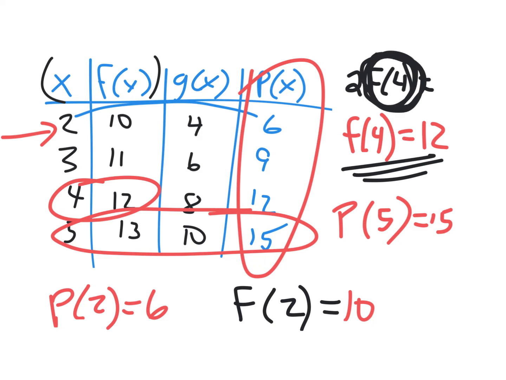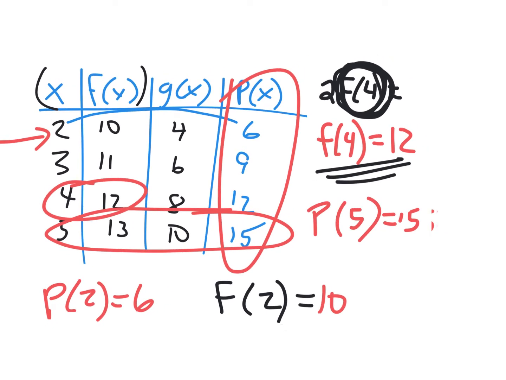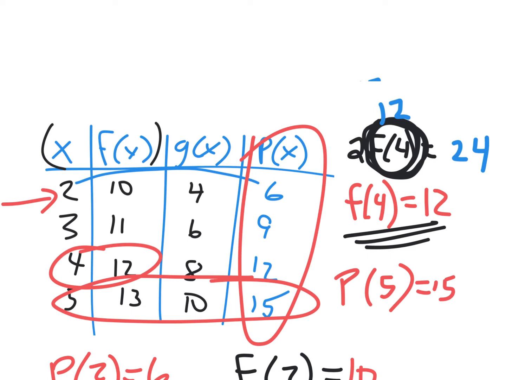Just did it a second ago. It was 12. What do you think the 2 in front means? Times it by 2. So, what do you think the answer is? Well, if f of 4 is 12, what do you think the answer is? 24, good.